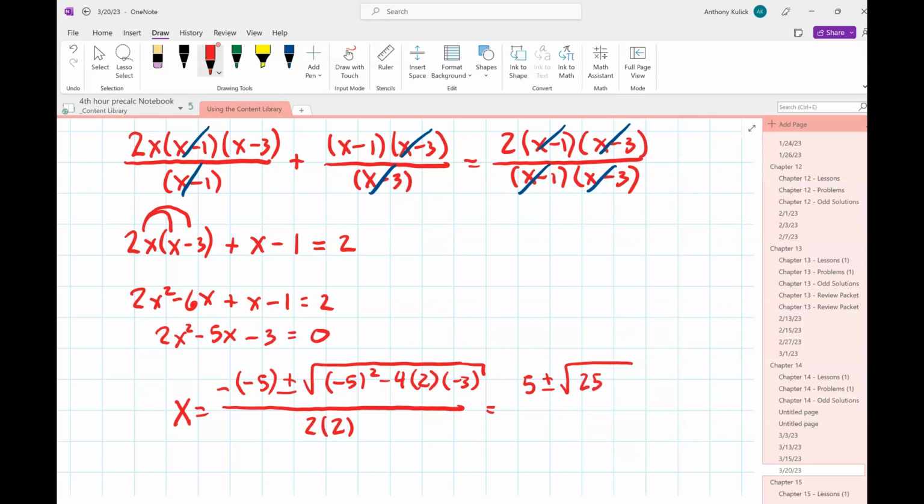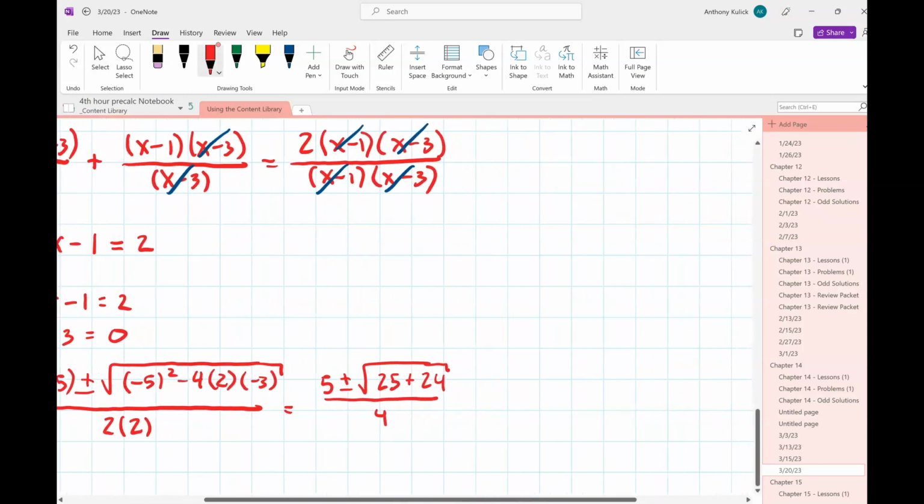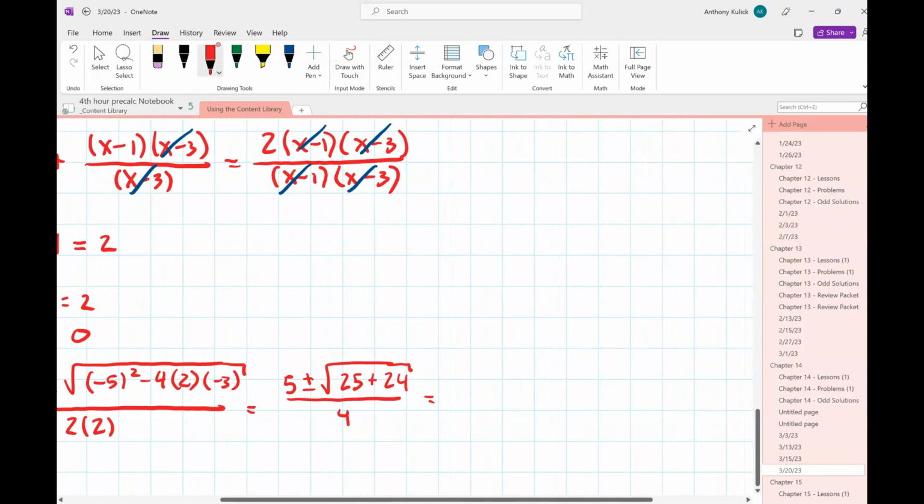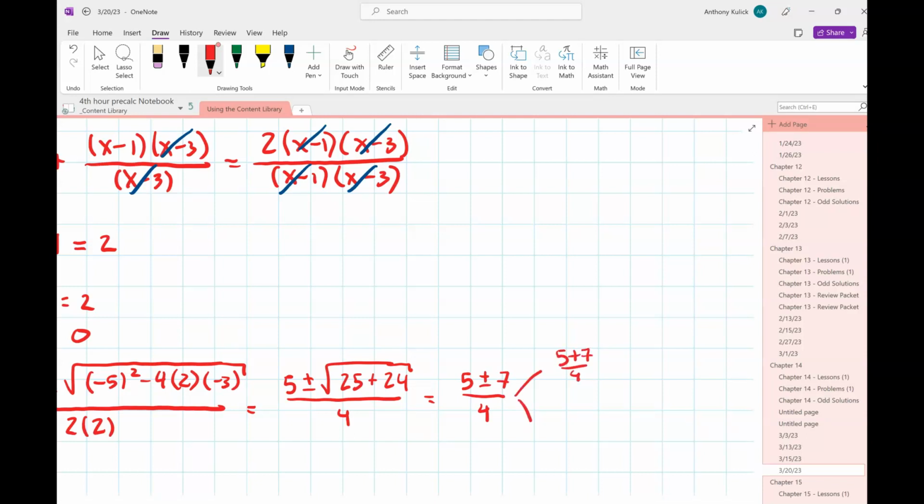So 25 plus 24 over 4. 25 plus 24 is 49, and the square root of 49 is 7. So if I add 5 and 7, I get 12, and 12 over 4 is 3. If I subtract, that's going to give me negative 2 over 4, or just negative 1/2.